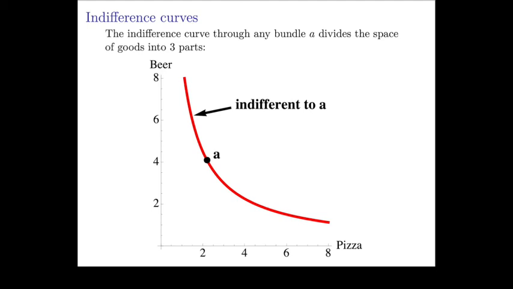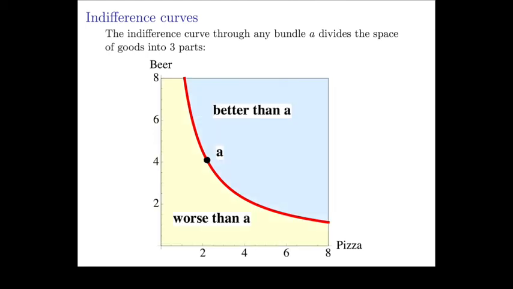So similar to the map that I showed you, the line through a point divides a space into the points that are higher than it, the points that are lower than it, and the points that have the same height. Similarly here, the indifference curve through any given point gives you the points that are at the same utility level, all the points on the indifference curve, the points that are better than it, and the points that are worse than it.